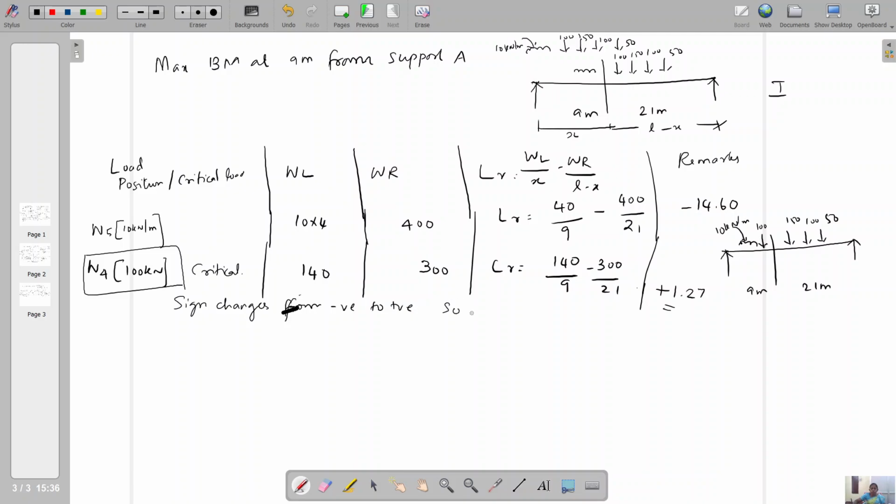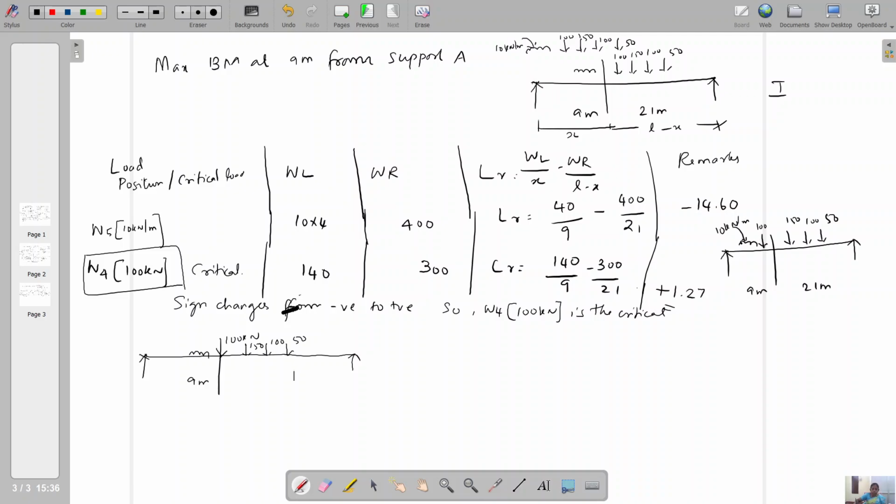So W4, that is 100 kilonewton, is the critical load. And mention the condition: place the critical load on the section and find the bending moment. So I am drawing the beam and the section at 9 meter. I am going to place this critical load of 100 kilonewton on the section, with the UDL on the left side and further loads 50, 100 and 150.